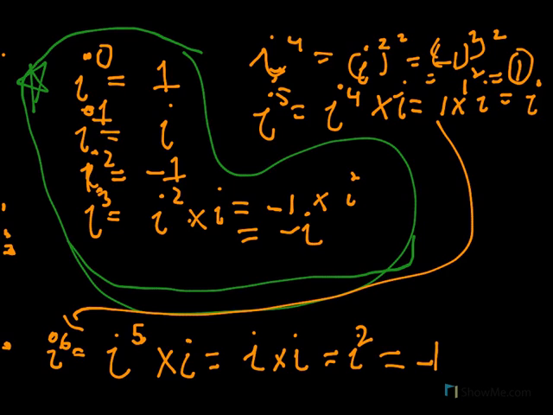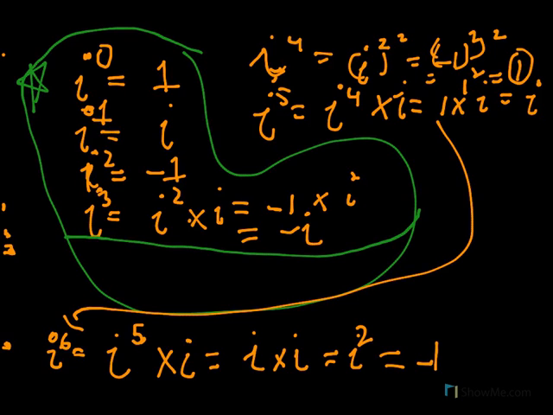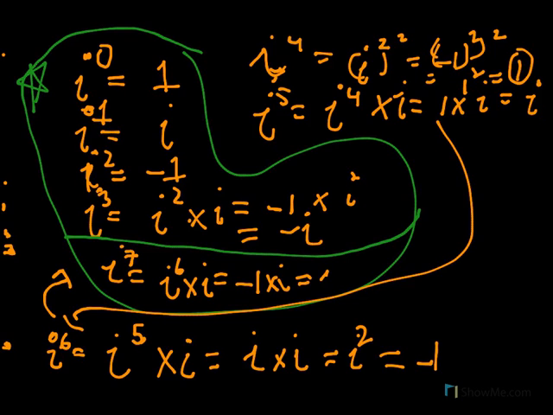That space is for i to the 7th. i to the 7th is equal to i to the 6th times i, and i to the 6th is minus 1. So minus 1 times i, which is minus i.